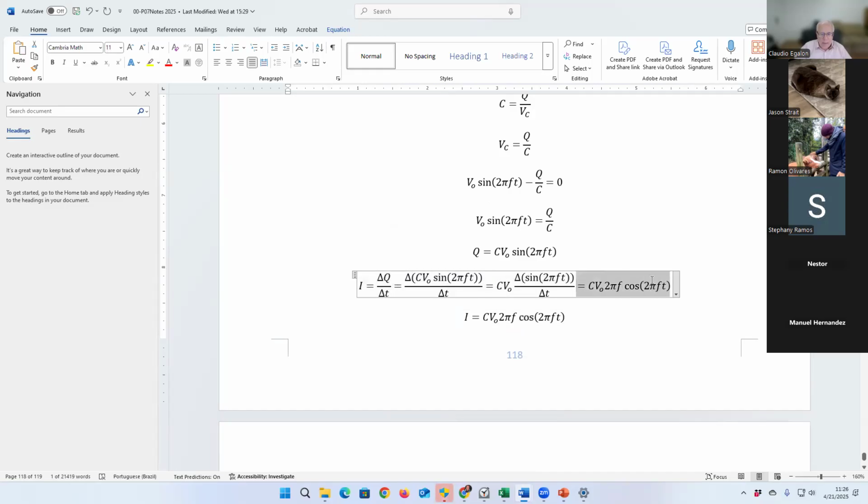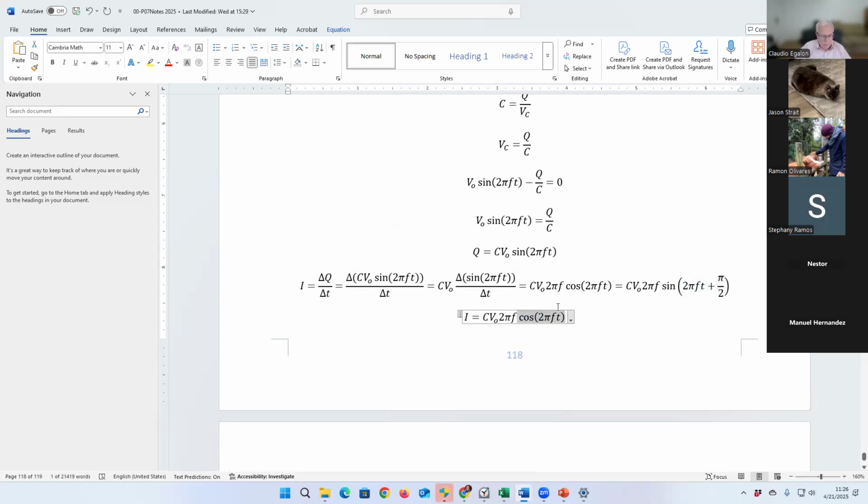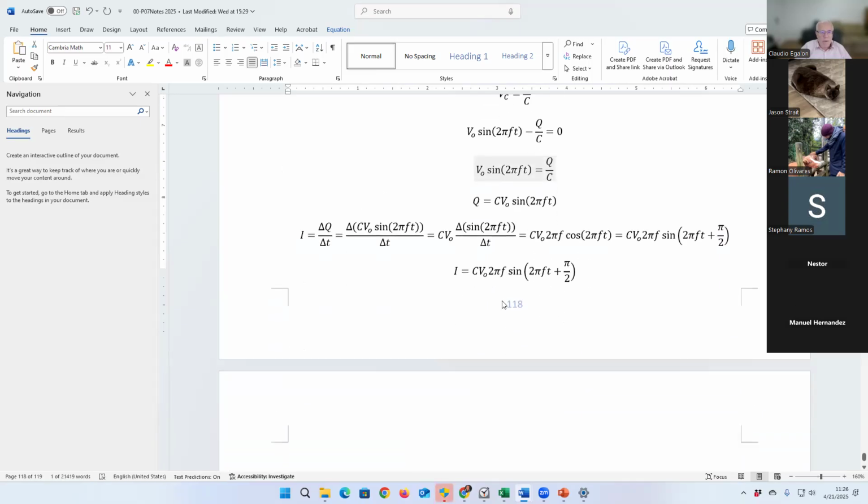And this cosine can be rewritten in terms of a sine, which is sine of 2 pi f t plus pi over 2. Right? And now I'm going to replace here. And then we go back to the voltage of our generator.